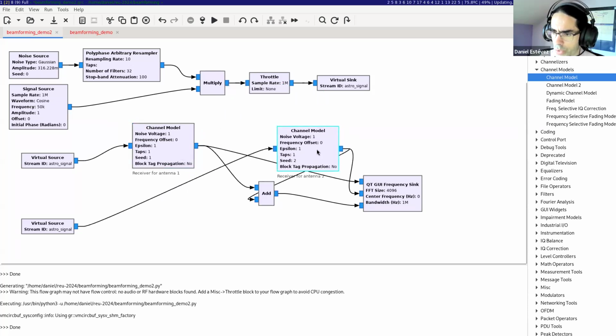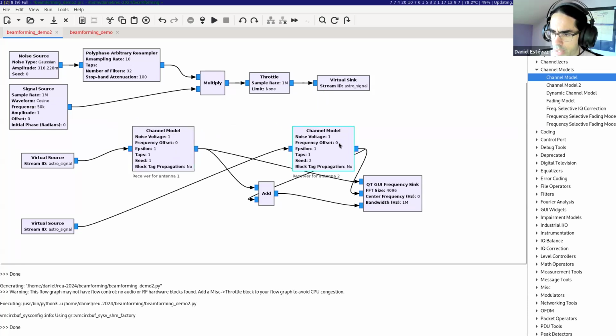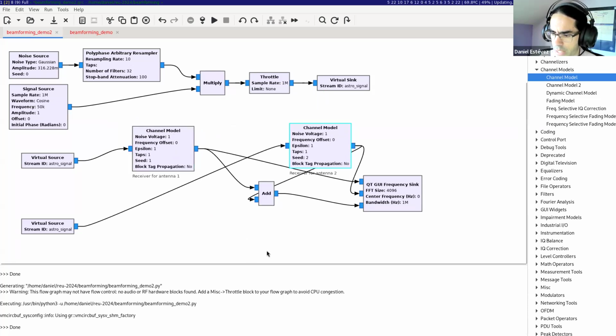Just the positions where things happen are different. With this configuration, if I have my source here, then the delay to both antennas is the same, because this is in the middle of the two antennas. And then the delay to antenna 1 will be smaller than the delay to antenna 2. The point I want to get across is that constantly over time, the difference in delay between the two antennas is changing.